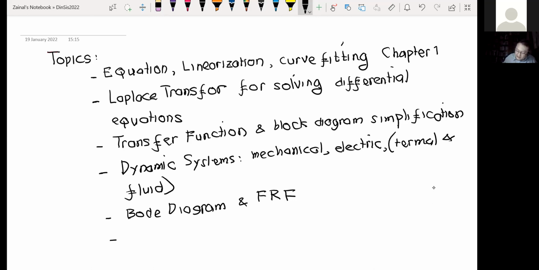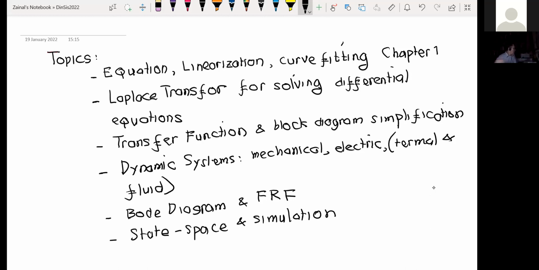Okay, and then state space. And simulation. Okay, I think this one is chapter 8. Yeah, this one is chapter 8.